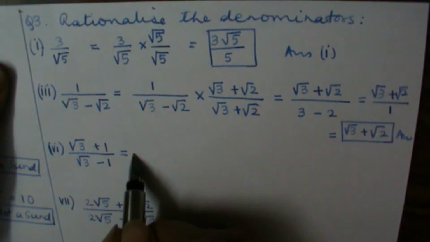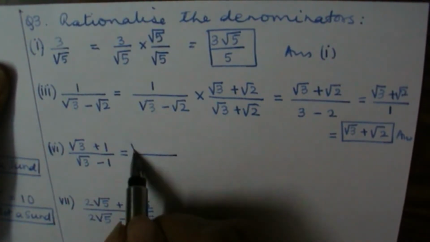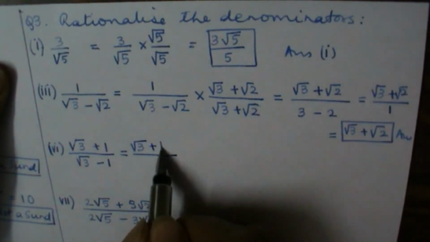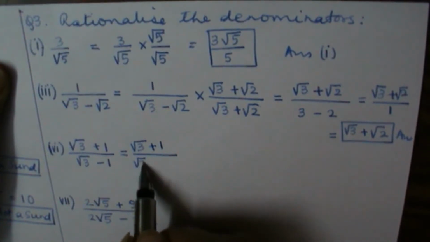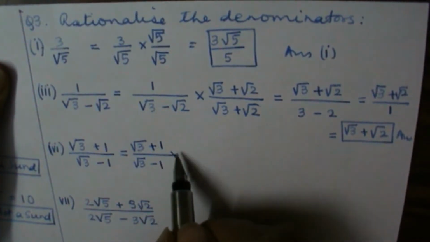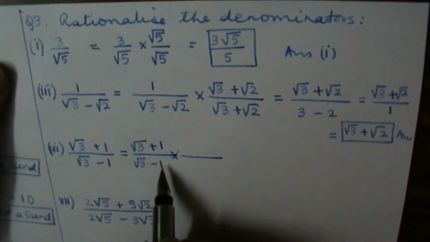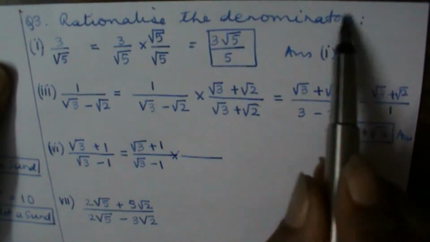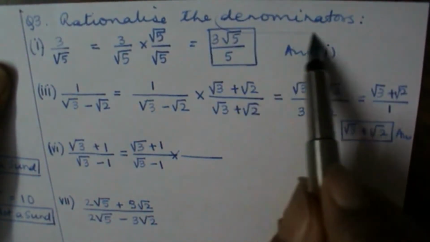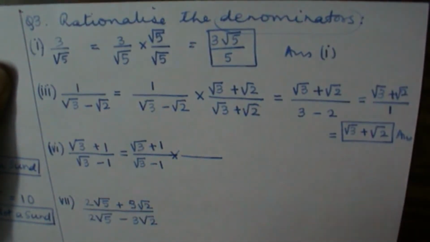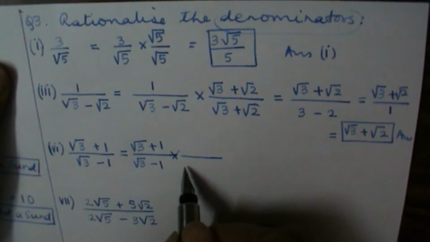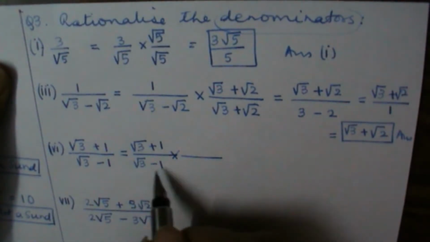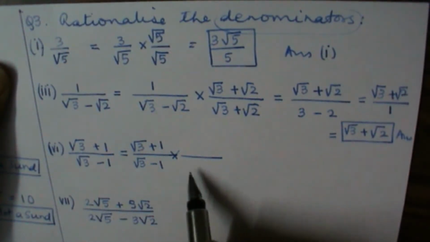Out here what we will do. The numerator is root 3 plus 1 upon root 3 minus 1, and here I will only look at the denominator because my question is rationalize the denominator. And so, because it is a minus b, I should put a plus b.